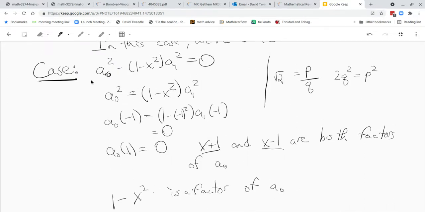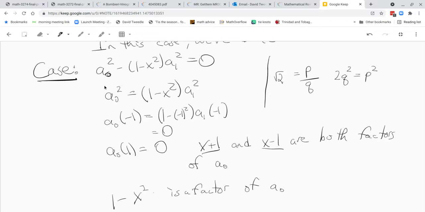If I have an equation like this and the degree of a0 is 100 and the degree of a1 is 98, at the next step the degrees will be 98 and 96, and then 96 and 94, and the argument keeps going through no matter what.